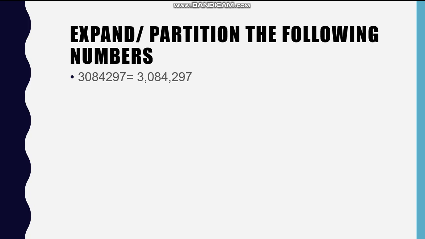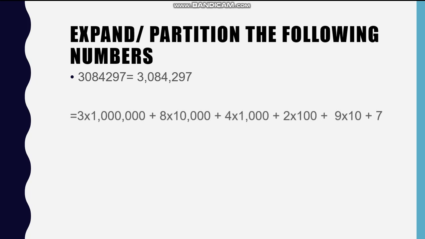This is a group of 3. Students, you have to start from the right side to make groups of 3, otherwise it can become wrong. So here you can see the position of 3 is million. So 3 times million plus 0 times, these numbers will be 0, so I have not included that.